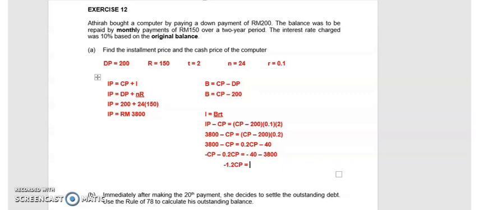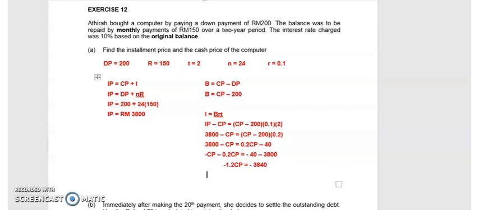So equal to negative 3840. So CP equal to negative 3840 divided by negative 1.2. CP means negative 1.2 multiplied by CP, so multiply to the right hand side becomes divide.